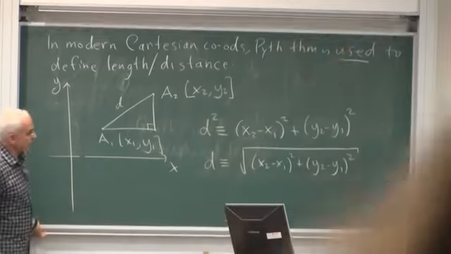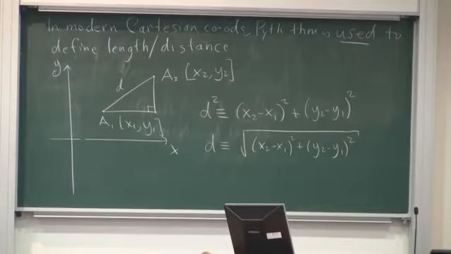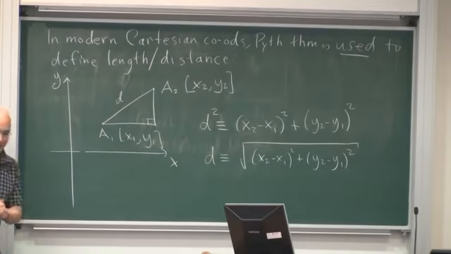So the modern formula for distance between 2 points relies on Pythagoras' theorem. Now at this point I'm obliged to correct something that Stilwell says, which I don't think is really correct, and it's a point that's a little bit of a source of confusion in other places too.